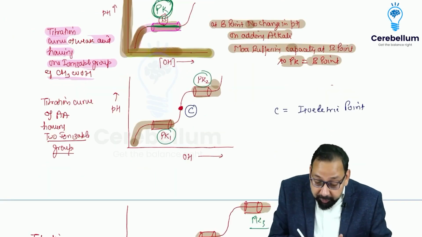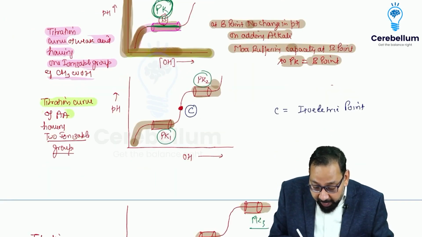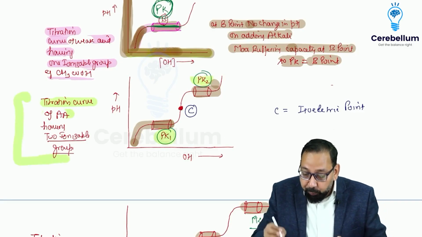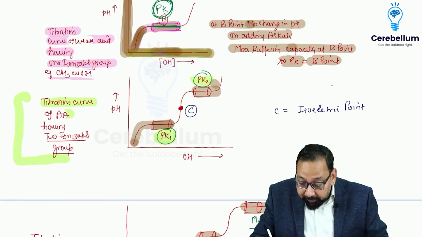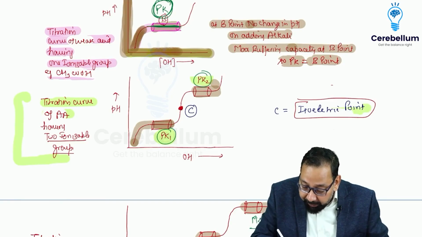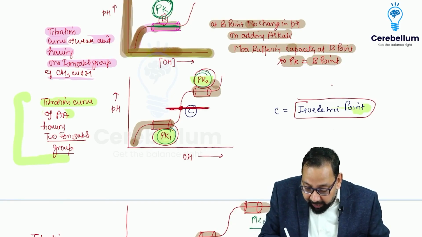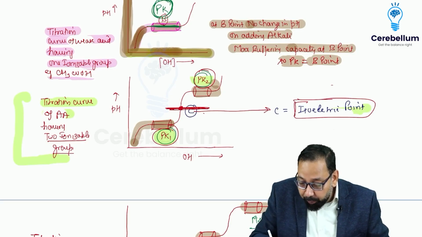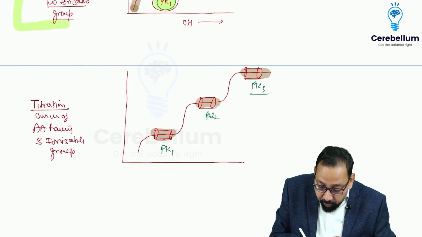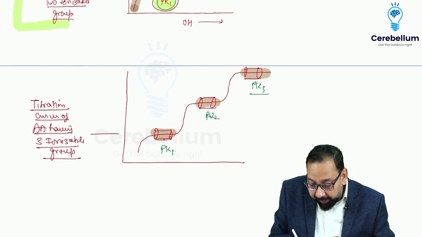This is the titration curve of an amino acid having two ionizable groups, so two pK values. If you want to determine the isoelectric point, you will take the average of pK1 and pK2. This average is point C. Point C is the isoelectric point. And this is the titration curve of an amino acid having three ionizable groups.